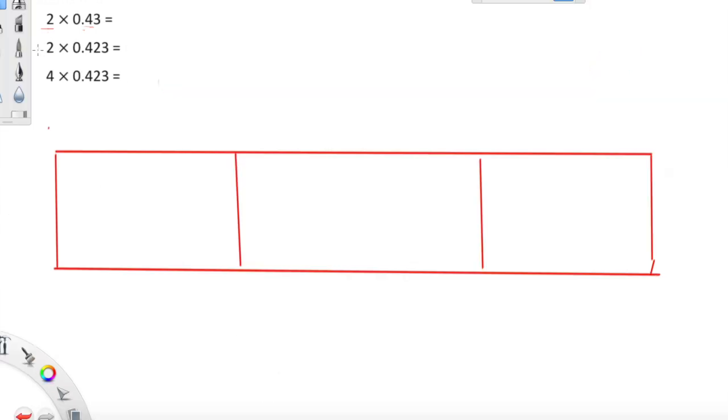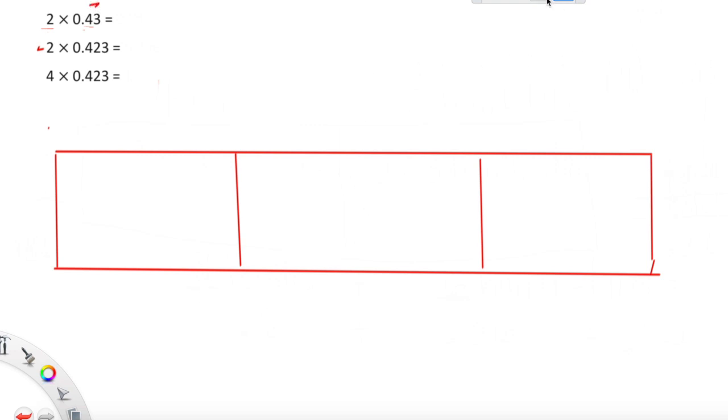Next, we're looking at 2 copies of 423 thousandths. Recall that in the first problem when we were using the area model, our rectangle was separated into 2 place values.